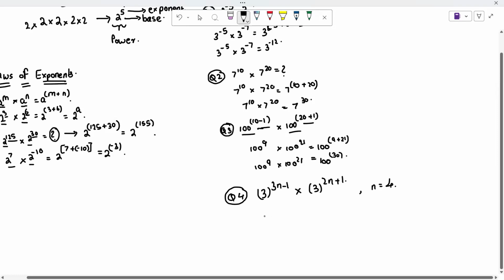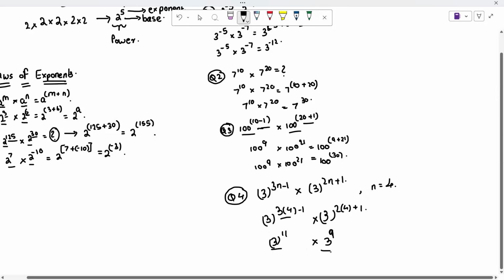Okay, so here you can do the calculation. 3 power 3 into 4 minus 1 into 3 power 2n plus 1. So 2 into 4 plus 1. So here it is 3 raised to the power 3 into 4, which is 12. 12 minus 1, 11 into 3 to the power 2 into 4, 8. 8 plus 1, 9. So this is just the question, okay?